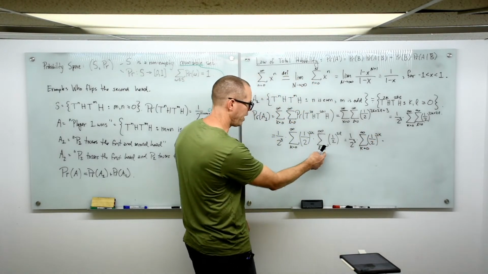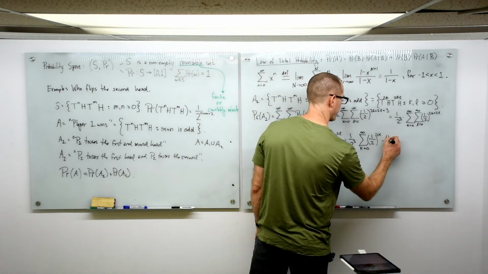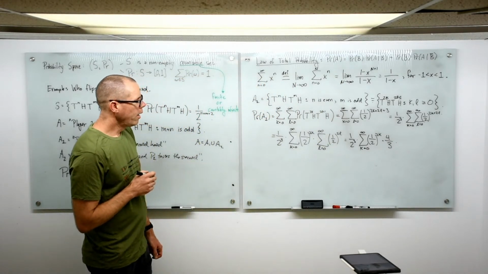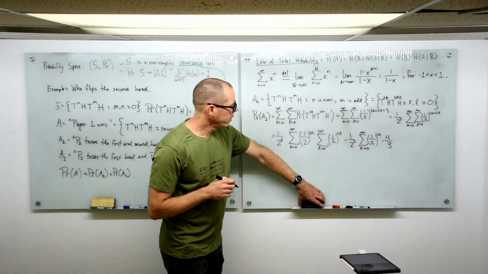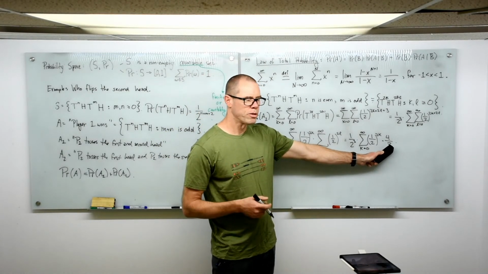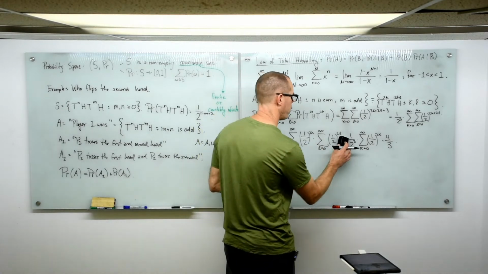But this sum on the inside is just 4/3. And again, now we have a sum where each term is multiplied by 4/3, so we can bring that out front.